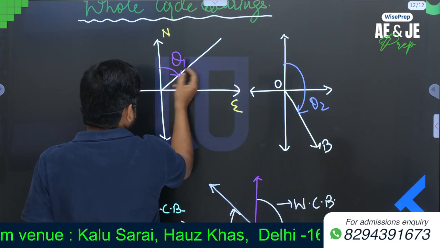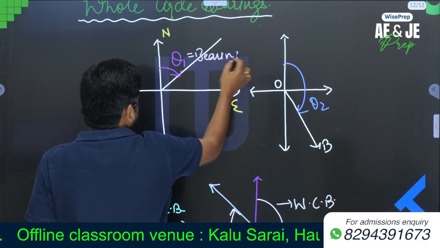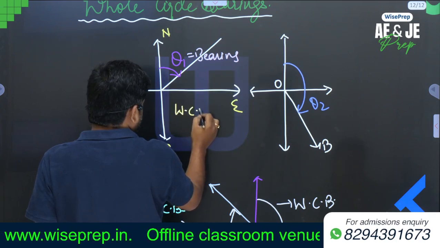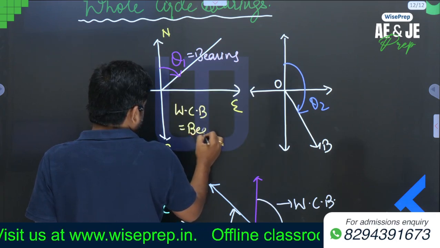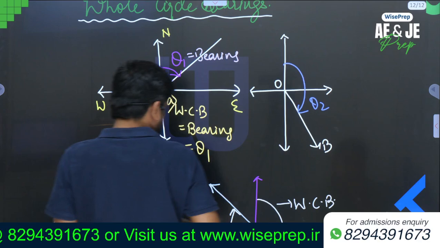It means that here the bearing is theta 1. So the whole circle bearing is equal to the bearing, that's equal to theta 1.